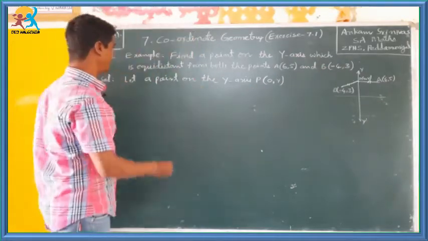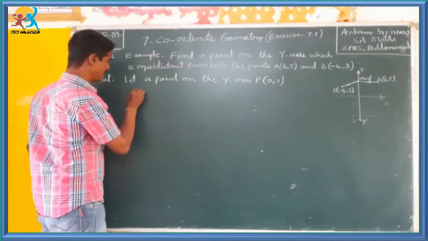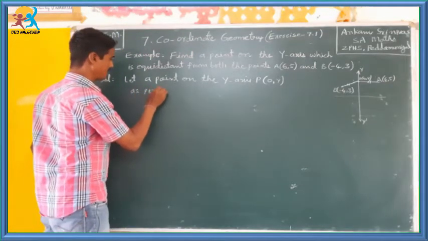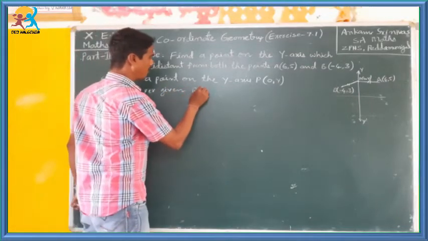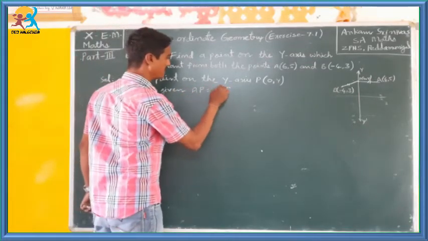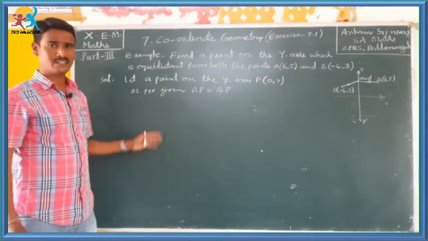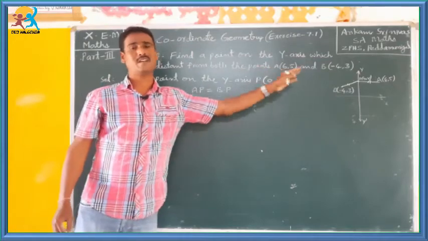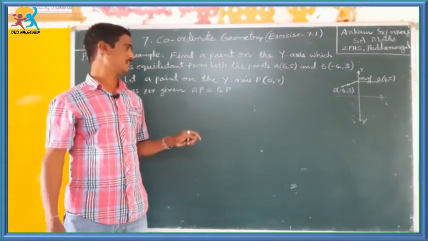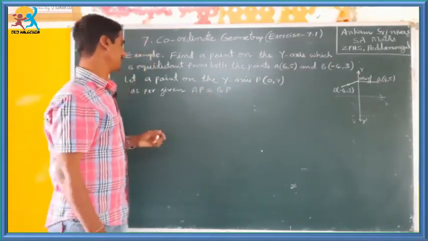So, my dear children, as per the given, AP equals BP. You got it? Why? Because this point is equidistant from A and B.